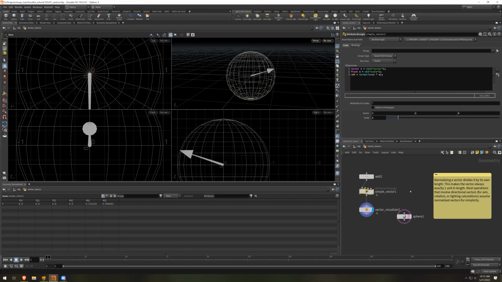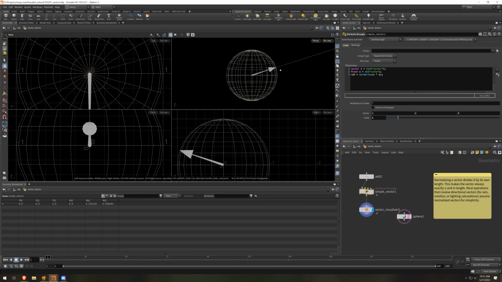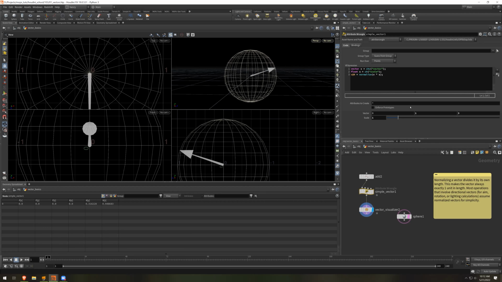A lot of the computations you do on vectors, like what way is something facing or how do I rotate this angle to meet this angle, are way easier to do when your vectors are all unit length, meaning that they're exactly one unit. So you're effectively operating in a sphere. You can see that when I normalize this vector, regardless of the scale of it, it is pointing in exactly the same direction.